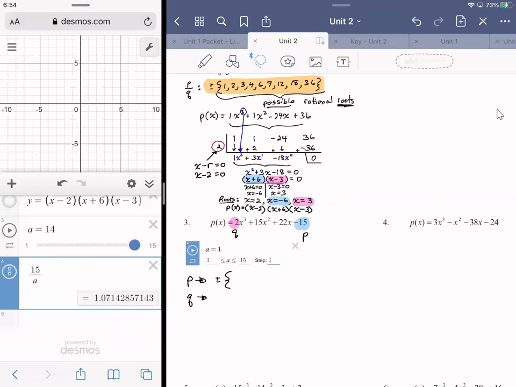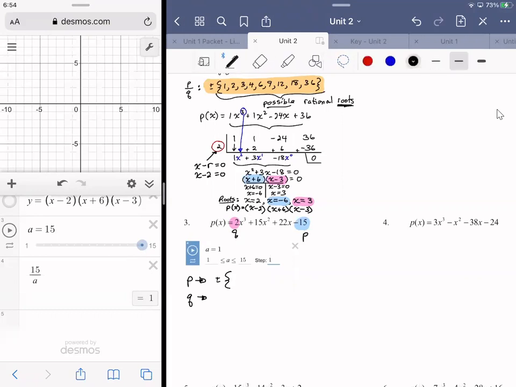The next one would be 15. So 1, 3, 5, and 15. Now, some of us can do it pretty quickly and easily in our heads, come up with these values, but some of us aren't really there, at least not yet. So just giving another way of handling it.